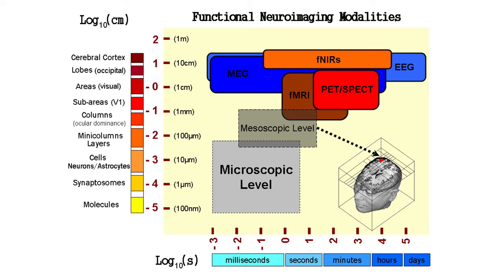We use a multi-scale approach in which we incorporate an intermediate level, called the mesoscopic level, and we try to represent how things are translated using this mesoscopic level that represents a voxel in your brain, about a 1 by 1 millimeter cube volume.